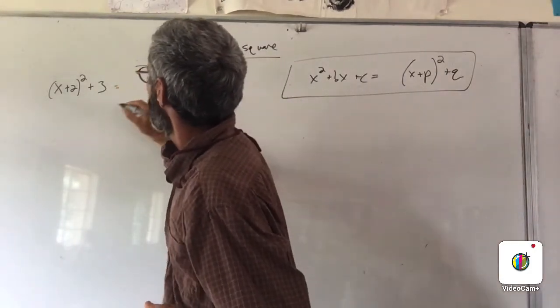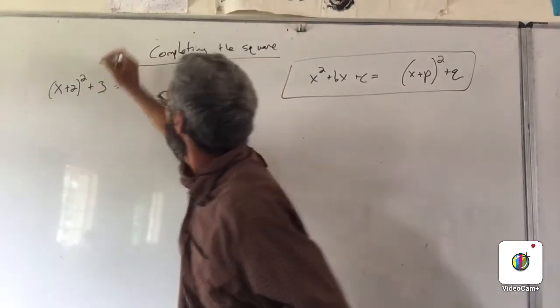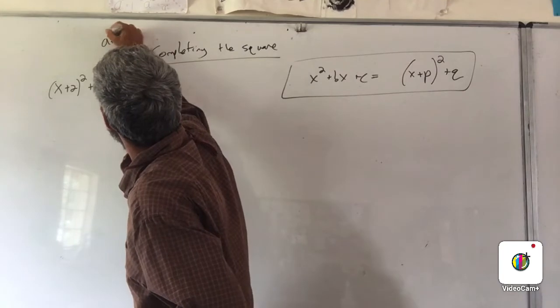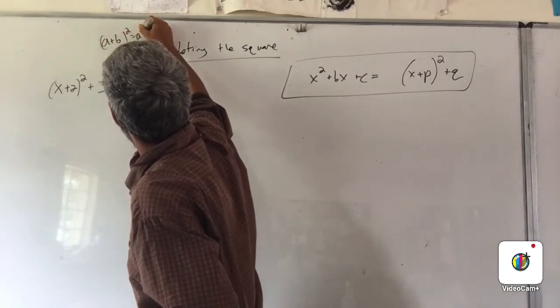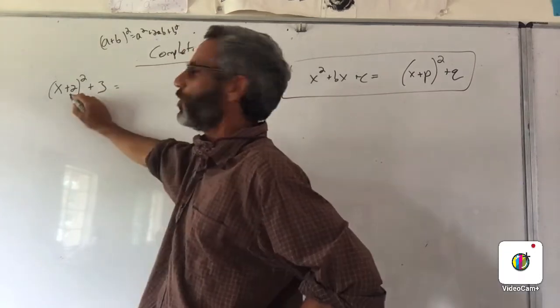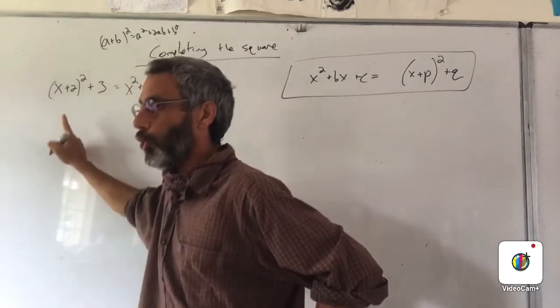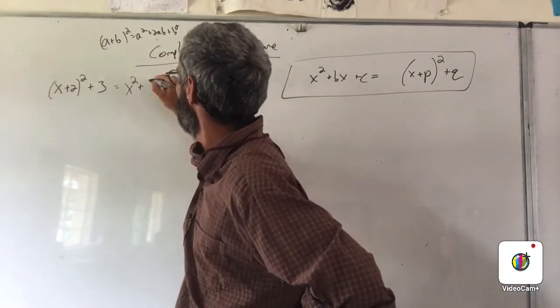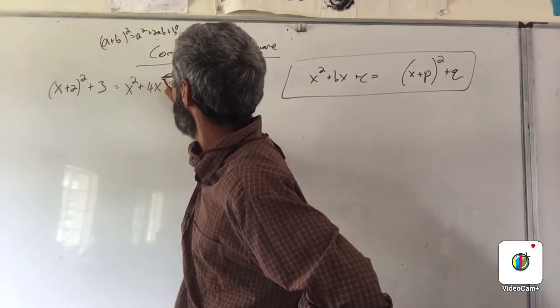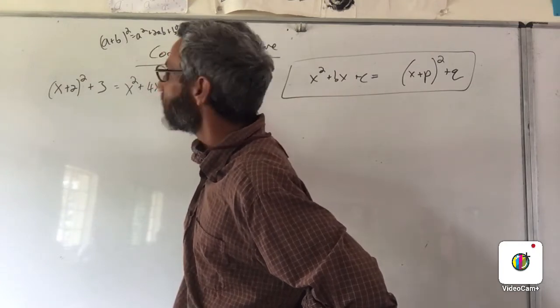Okay, so that's a good experience to practice that formula. Remember the formula I write every lesson: (a plus b) squared is a squared plus 2ab plus b squared. All right, what should we have here? x squared plus 2 times x times 2 is plus 4x, plus 4, plus 3.